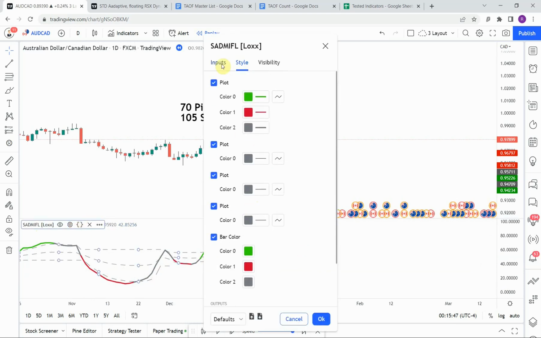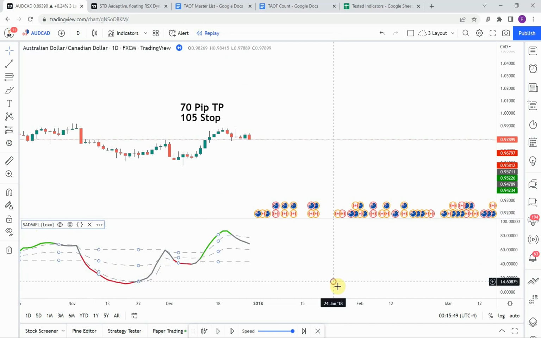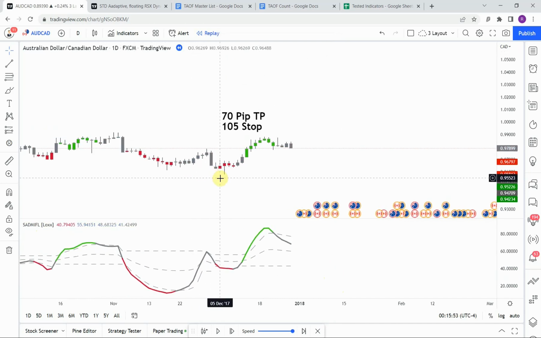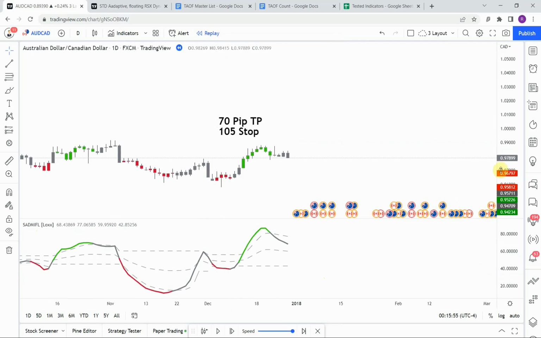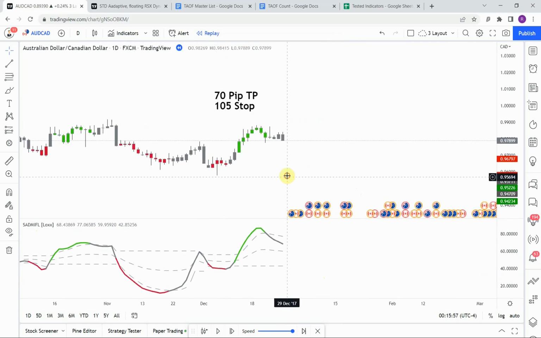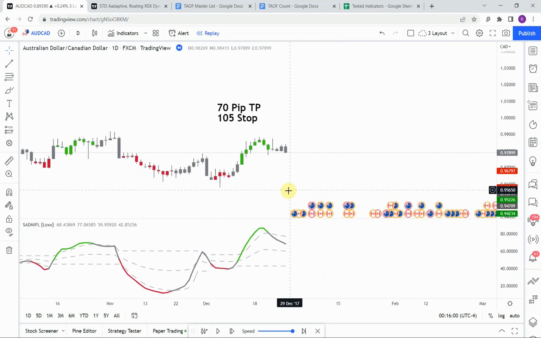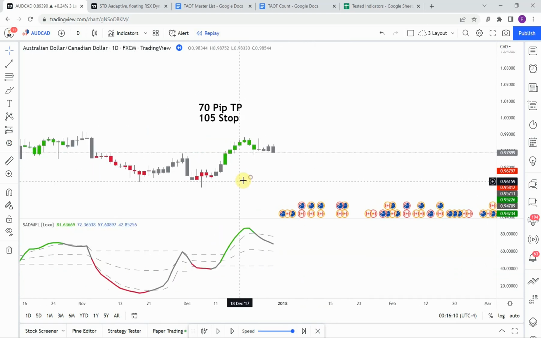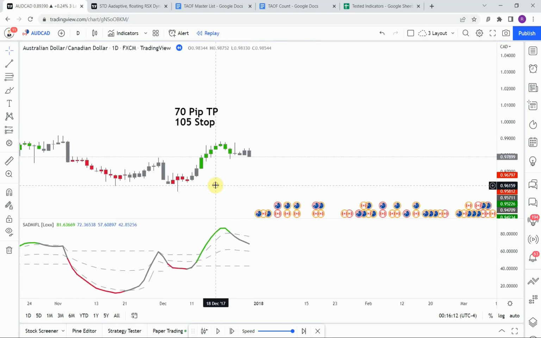I think we are going to go in and turn on the bar coloration for this one. Again, just makes it a tad bit easier to see exactly what it is that we're looking for. And as you guessed, if you are a regular to the channel, what we're looking for is when we get the red bars, we are going to go short. When we get the green bars, we are going to go long. So pretty simple setup. Not much to it other than that. Let's go ahead and get on with the testing and see what we can get out of it.